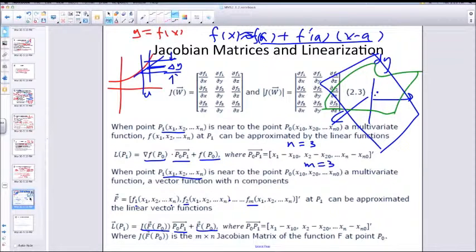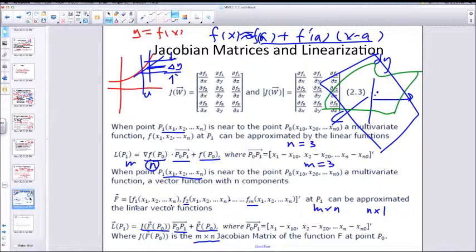So the Jacobian itself is m times n, and this vector is n times 1. So in the end, this linearization, you really got how much? Let me see, n or m. m times n, yeah.